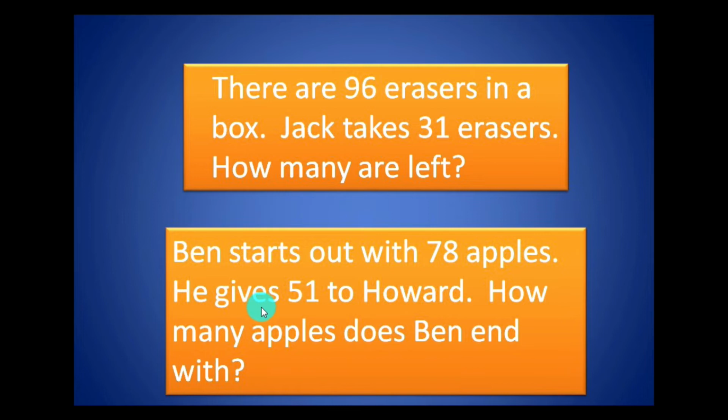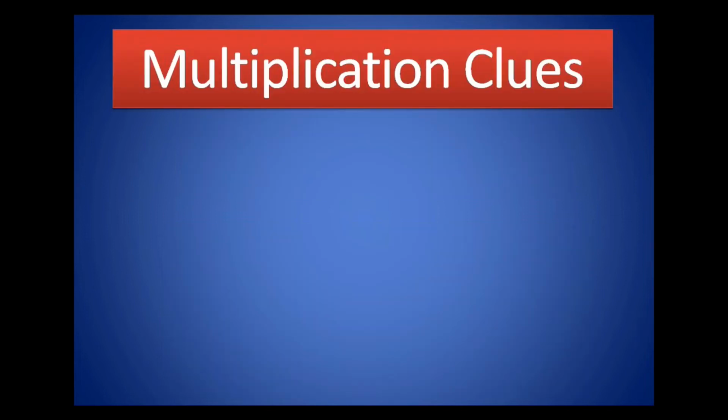And then you find someone comes and somehow they're given a portion of it. And in this case, we're looking at 51 being given to Howard. Now I want to say, what are you left with? But they worded it differently. What do you end with? And I really think when you see stuff like this, they really want to test you and be sure you are understanding what you're looking at. So detectives, be sure you guys really pay attention to the word problems and what they're saying. Okay, let's see what we got next.